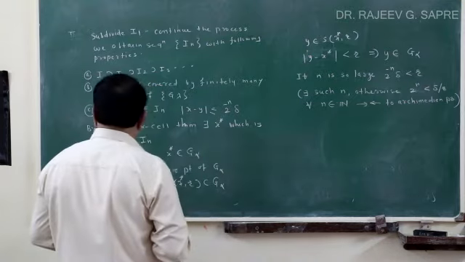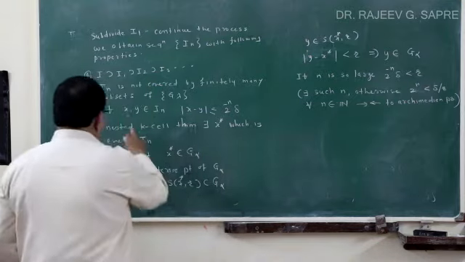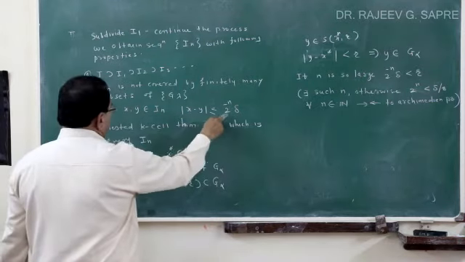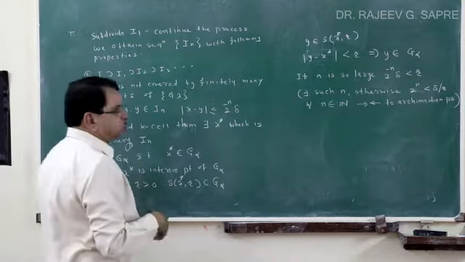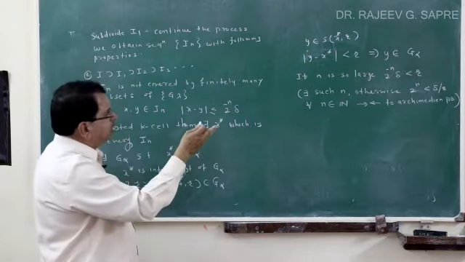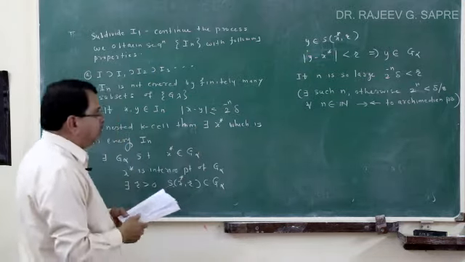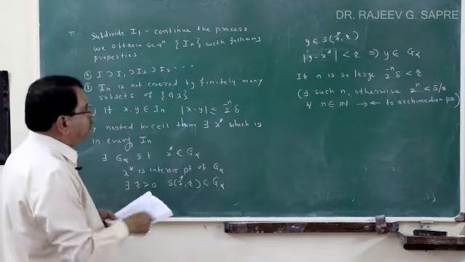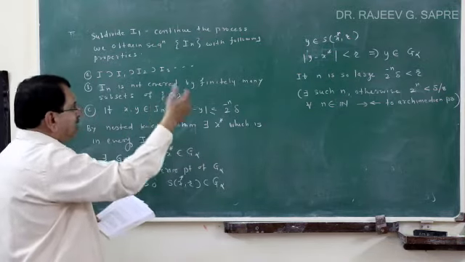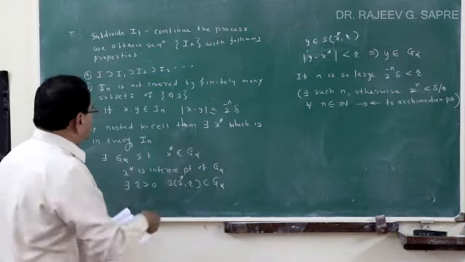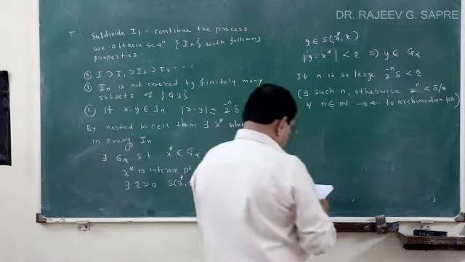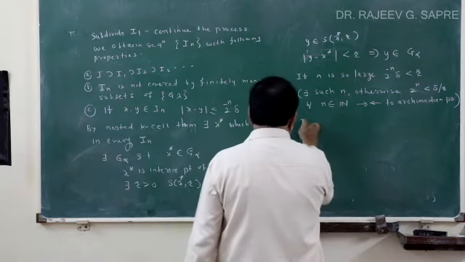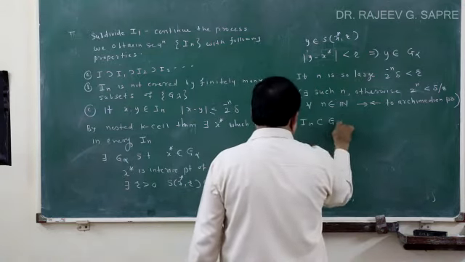So what does that imply now? If x and y belong to I_n, |x − y|, this is the third property that we have from this observation, is less than delta upon 2 raised to n. And r is greater than delta upon 2 raised to n. This means the whole I_n is a subset of G_alpha.